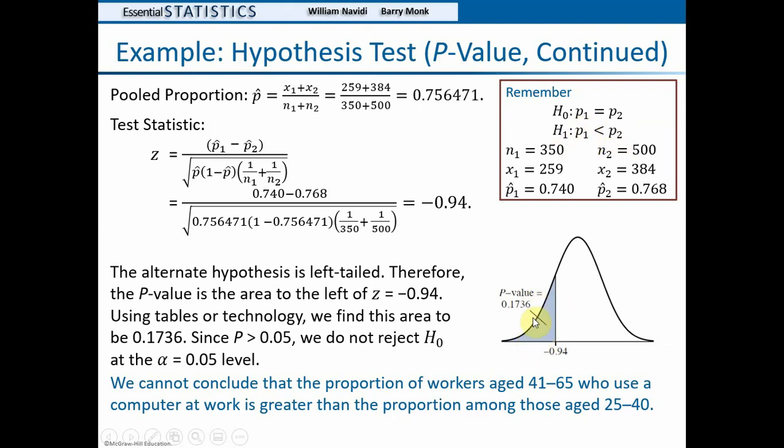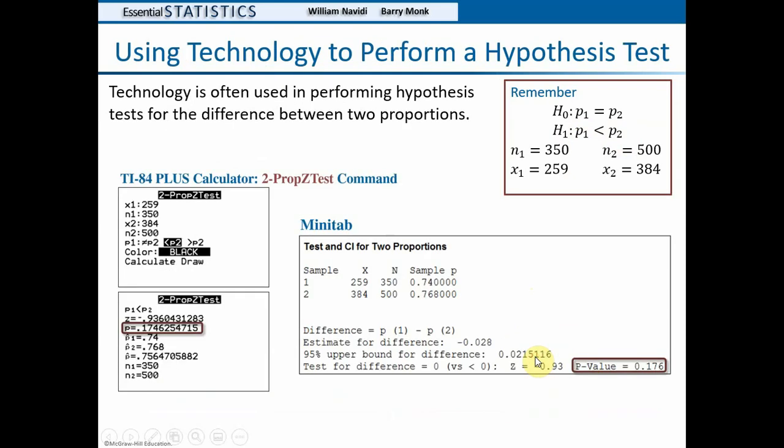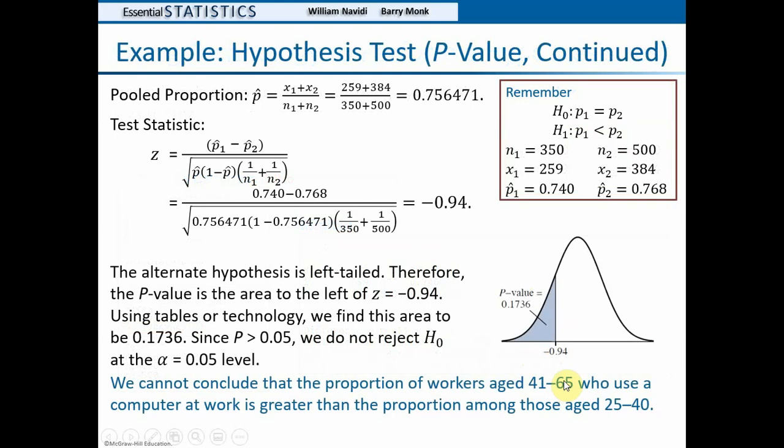I want to know the probability in here, so I'd go to the standard normal table. Give me the probability to the left of a z-score of negative 0.94. That probability is directly 0.1736. One tail is just that probability value, and that's then called the p-value.